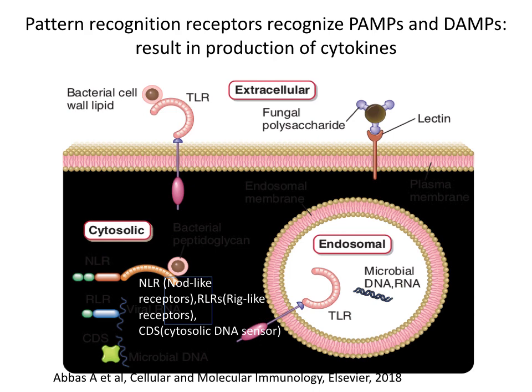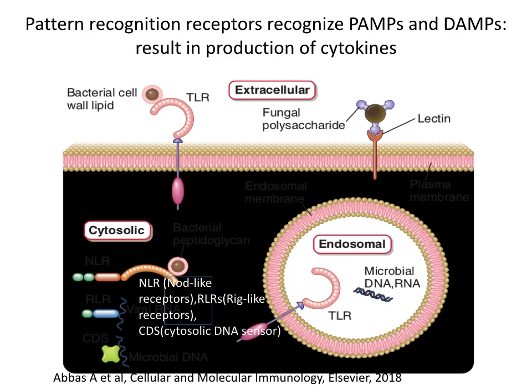Here on this diagram, you see TLRs or toll-like receptors that recognize certain components of the bacterial cell wall, for example. There are also receptors that are found inside the cytoplasm and attached to the endosomes. Toll-like receptors can also be endosomal, in which case they are able to recognize microbial DNA and RNA that are found in the endosomes.